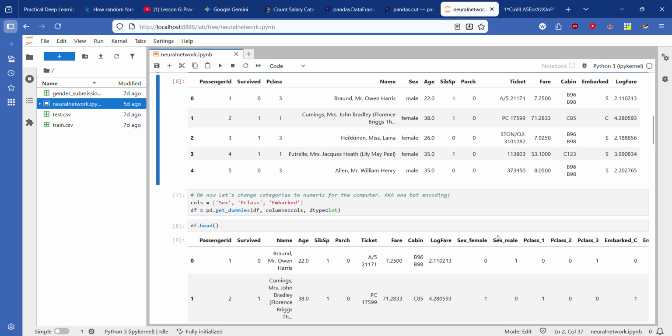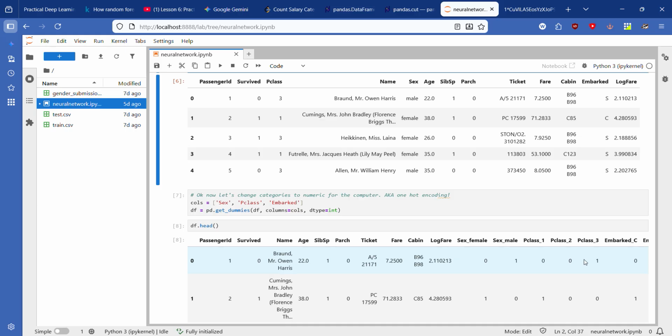And you might be wondering, why not just have one numerical column, maybe just like a new sex number column, and then just map it as 0 to male, 1 to female. And the reason is because what if we were working with a column that had more than two categories? Like P class, as you can see, has three categories.